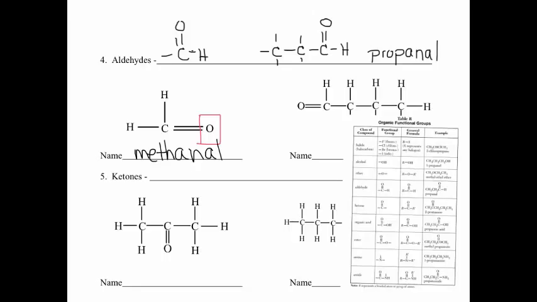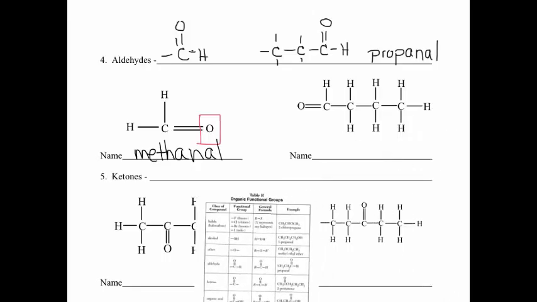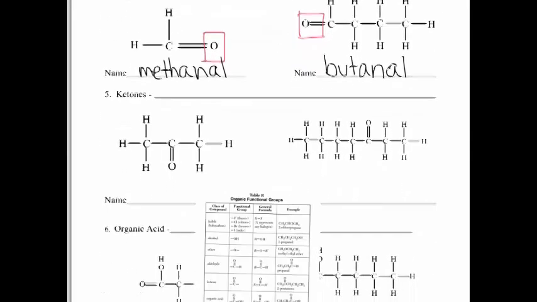That's methanal. Our other example here, again, we have our double bonded oxygen on a terminal carbon. We count our carbons. We have 4. We would normally call that butane. We're going to drop the E and add AL, butanal. And those are the aldehydes.